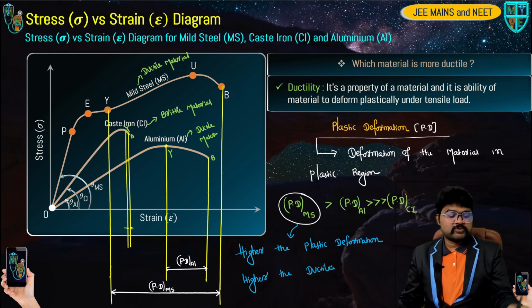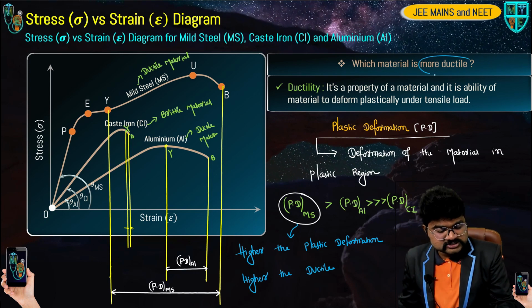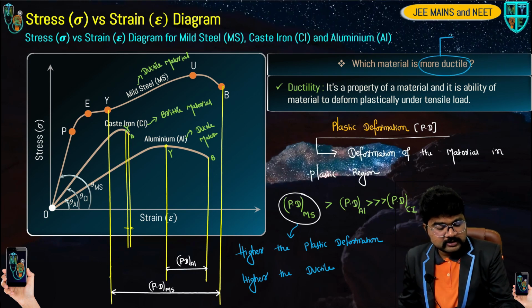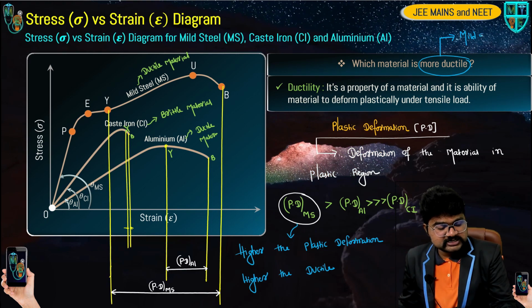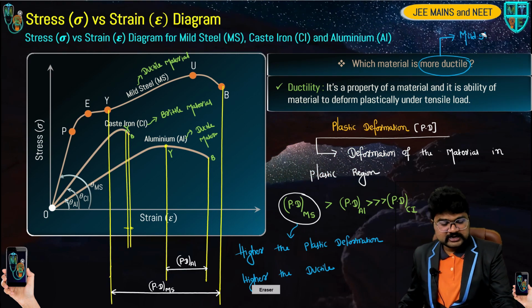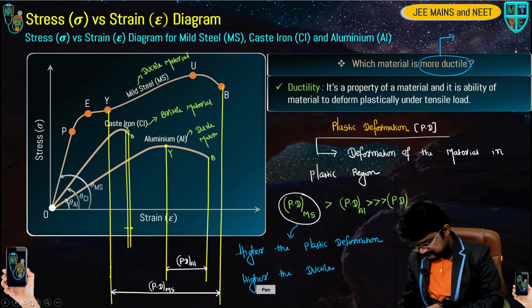So which one is more ductile? Tell me. Mild steel. Understood?